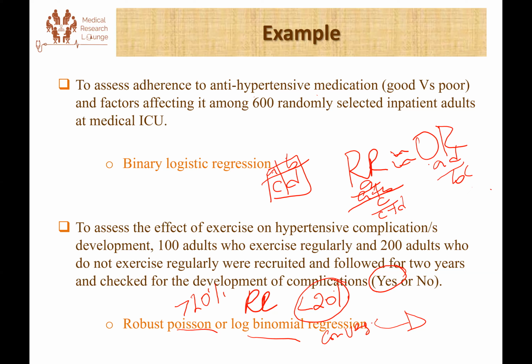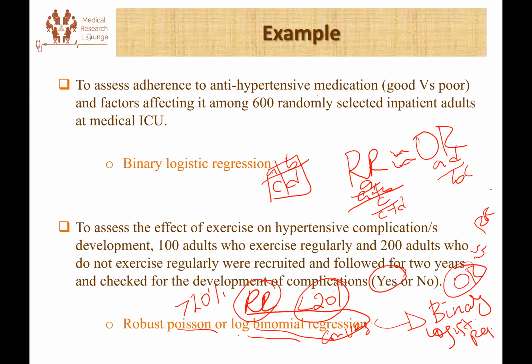So if that's the case for a binary outcome, and all of our options of using a model which can give us relative risk have failed, we can use binary logistic regression, which is a model that we use in case control and cohort study, and which gives us odds ratio. Since the outcome is rare, the odds ratio that we get from the binary logistic regression model is expected to approximate the relative risk that we could get from the log binomial regression.